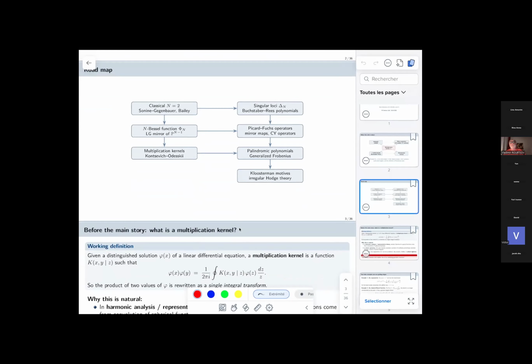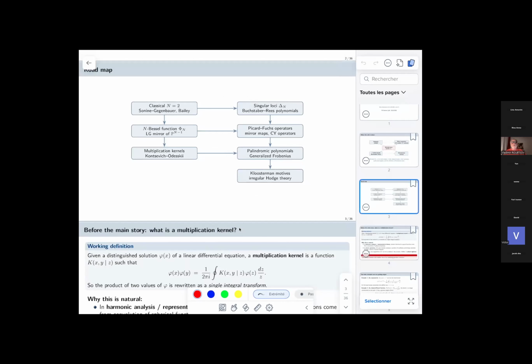So I will now explain what I will speak about today. I will start with some toy models and classical n equal to 2 product formulas and multiplication kernels, so-called Bessel kernels for usual Bessel, or the Sonine-Gegenbauer formula in the language of harmonic analysis.